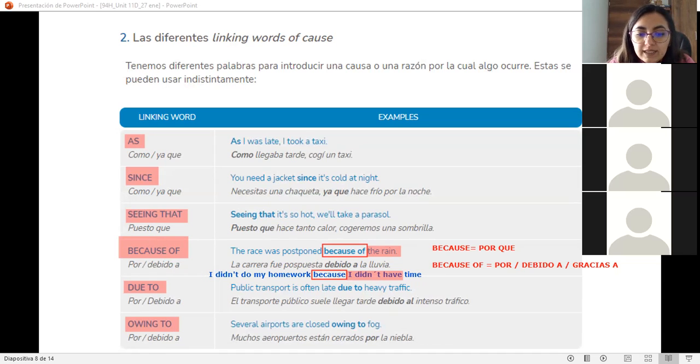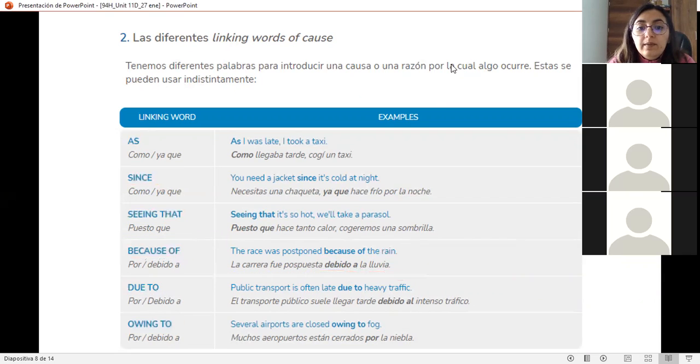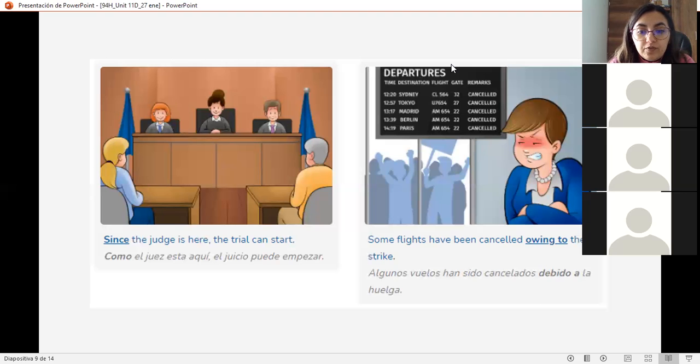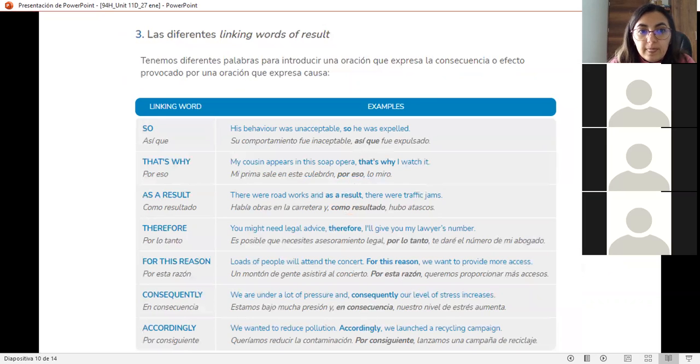Y como les decía, también hay un par de frases que nos permiten hablar del resultado. Ok, let's see what are those phrases. La frase que nosotros ya habíamos conversado o visto en la lectura era as a result, right? Como resultado. ¿Sí?